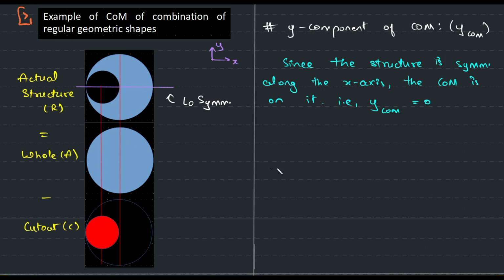Okay. Now, the next thing is, we are looking at the x component of your center of mass, so XCOM. For that, we have to go to the structure. I'll assume that this radius is 2r, and this is exactly half of it.